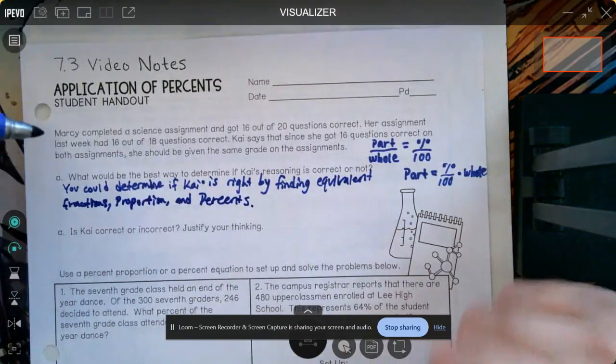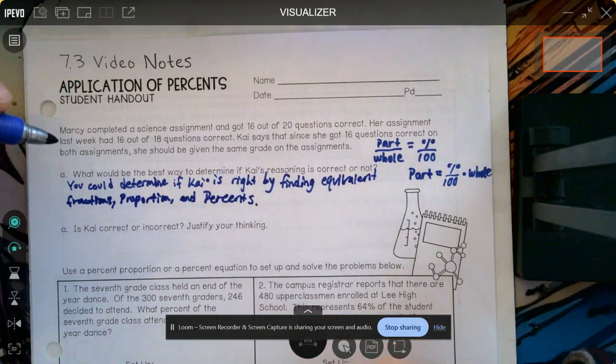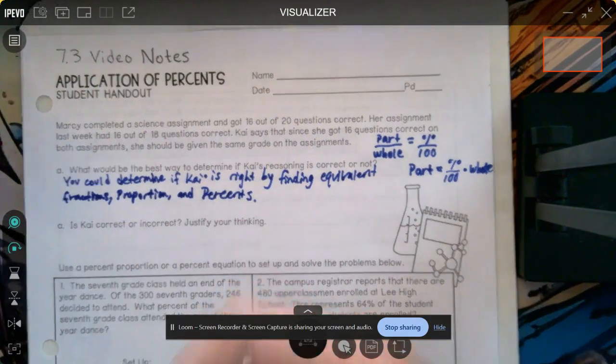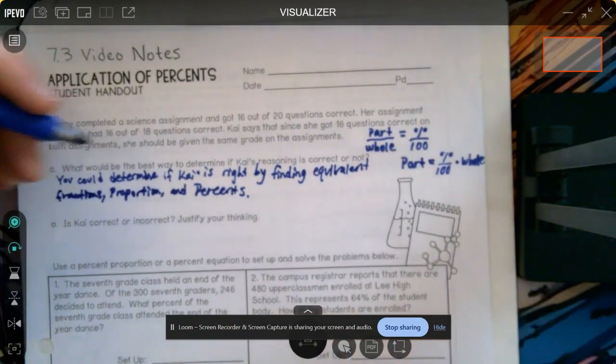If you find that these are equivalent fractions, if you set up a proportion and they're equivalent, or if you find the percent for each one and they're the same, then Kai is correct. And we can do that by using these equations and this proportion setup.